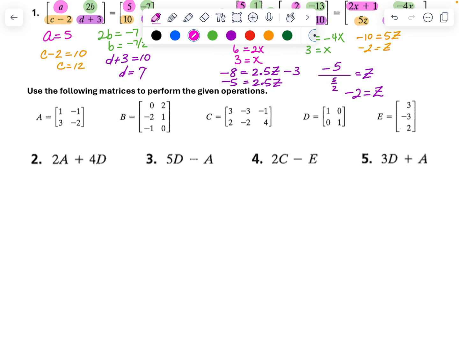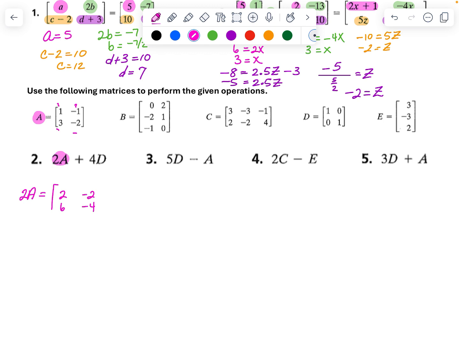So this is A. This says to double A. So if we double A, we're going to multiply everything in A by 2. So double A is 2, negative 2, 6, negative 4.